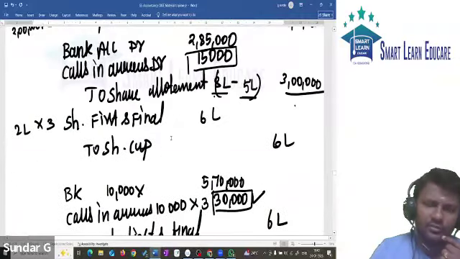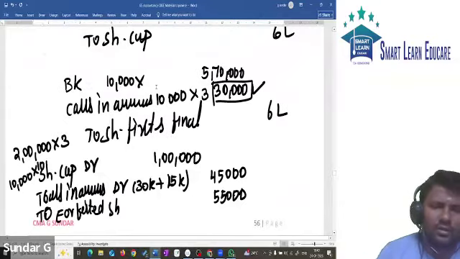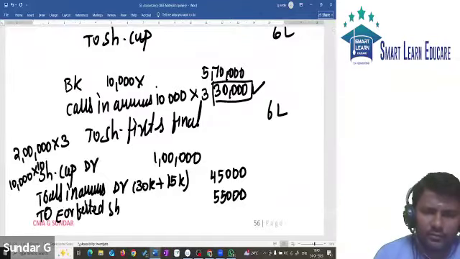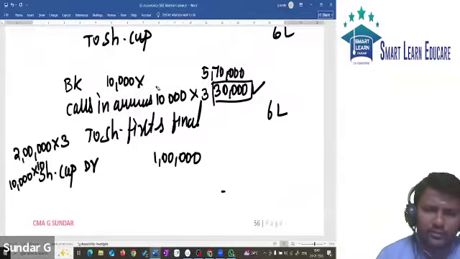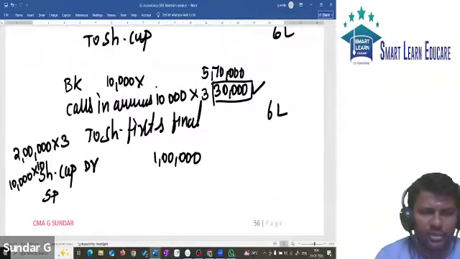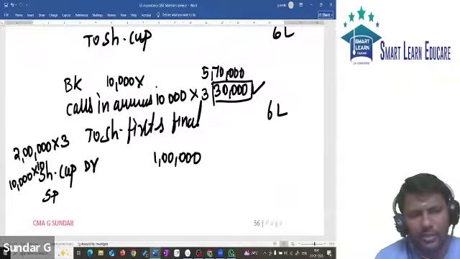Oh, allotment, it's okay, fine. So in the entry, only 10,000 shares are forfeited. Same securities premium is there. So the entry: share capital account debit. Securities premium also should be debited.